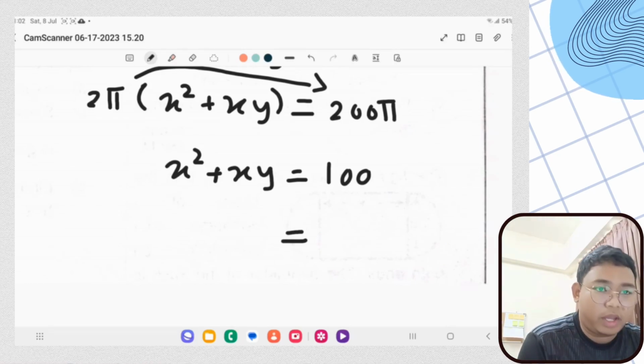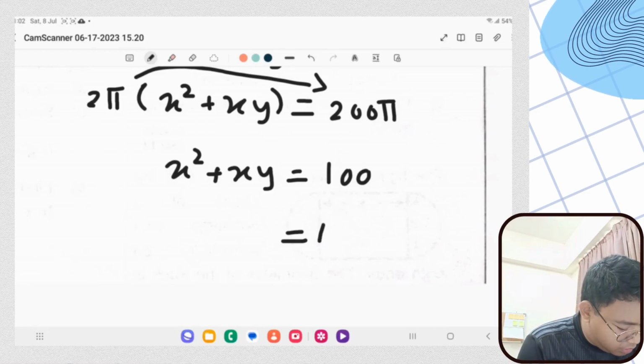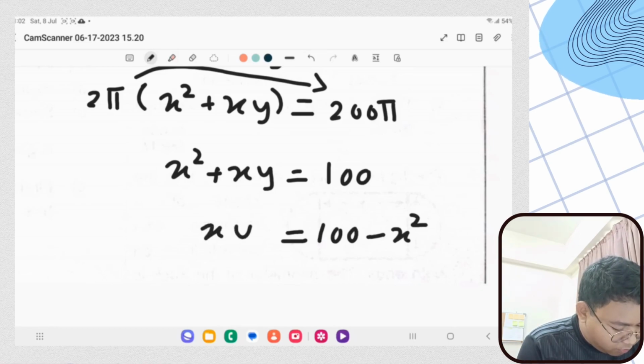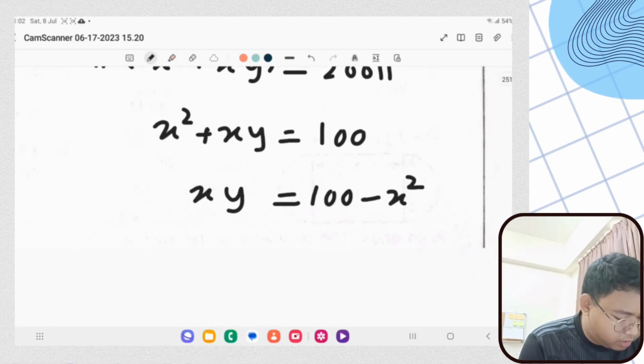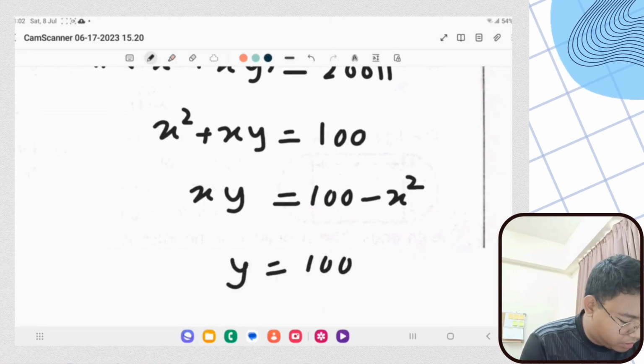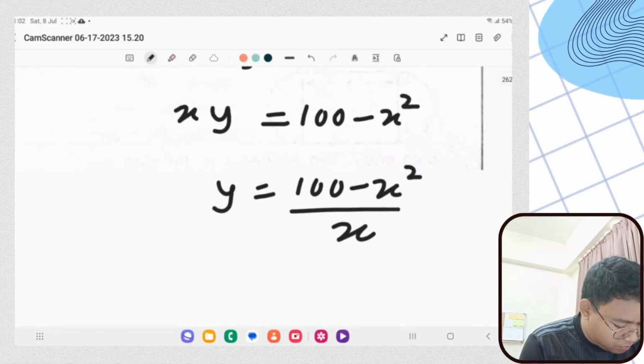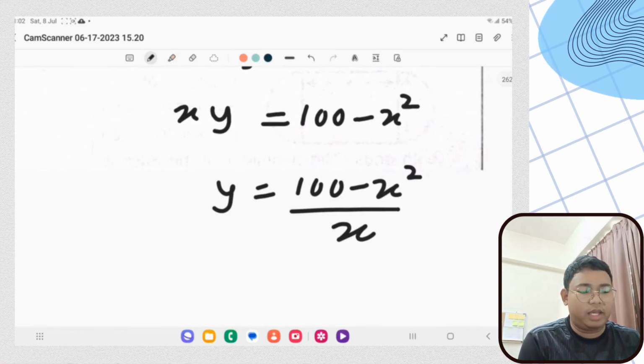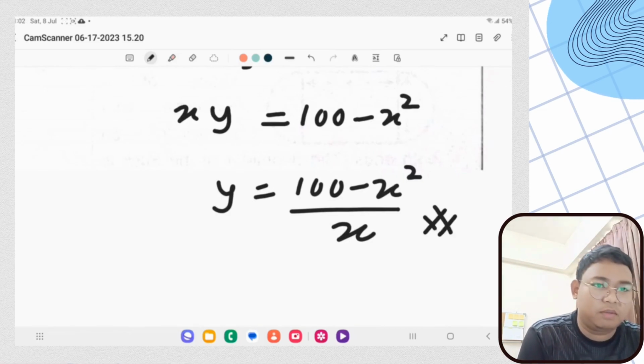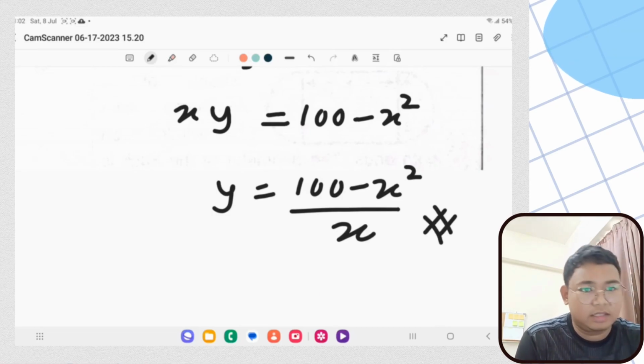Bring x squared to the right side and it will be 100 minus x squared, followed by dividing by x and it will be 100 minus x squared over x. So the answer for A is y equal to 100 minus x squared over x.